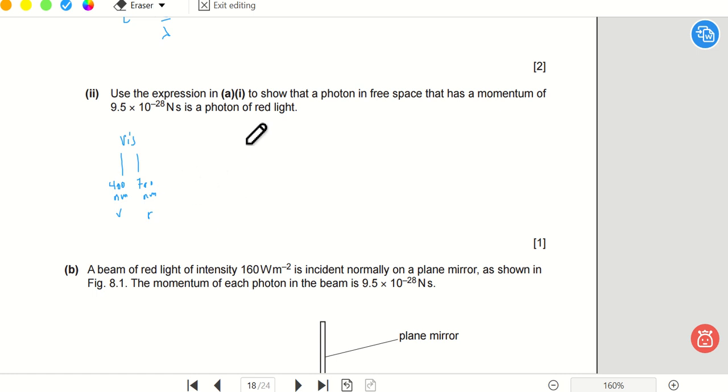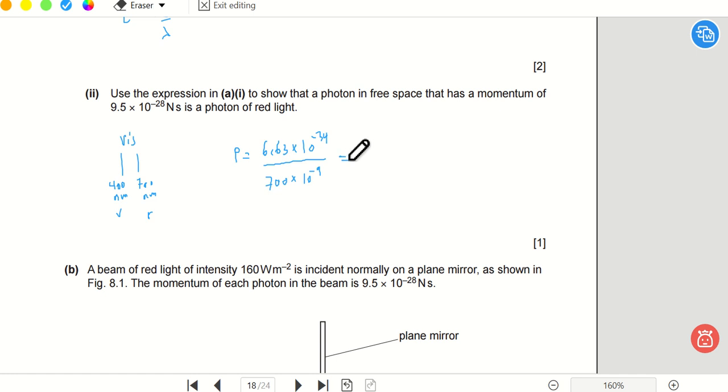So we'll use 700 and we will substitute as usual h over lambda, where lambda should be converted to meter. Okay, and we will get the answer.